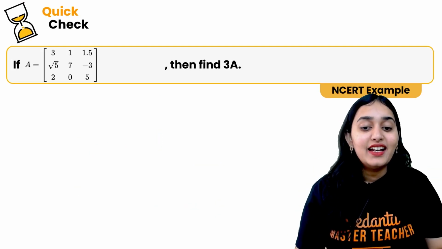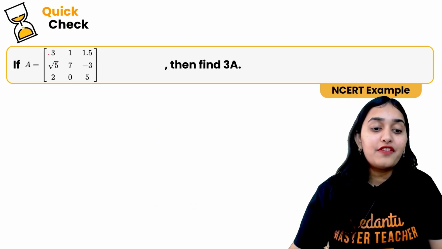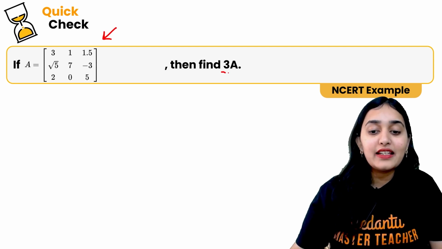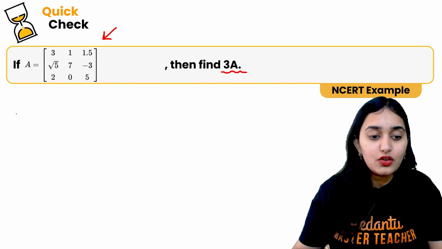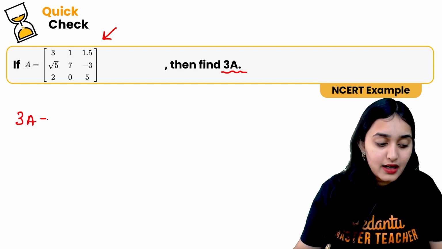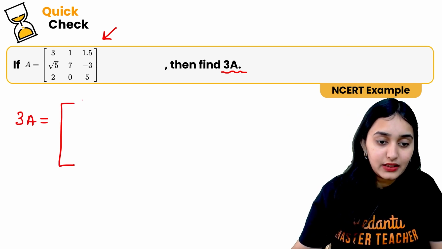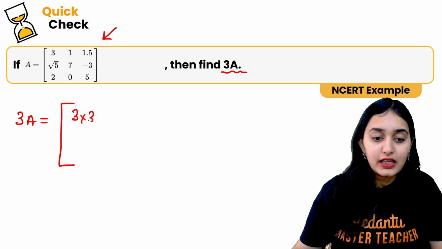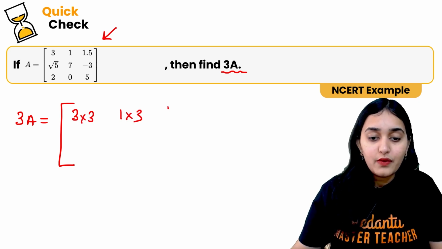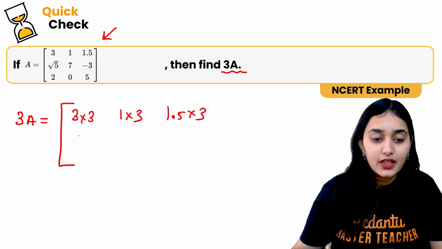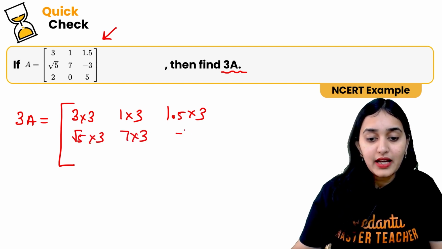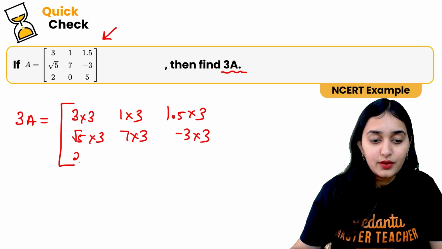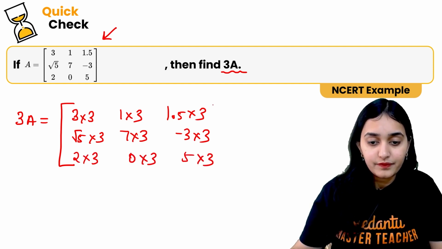Okay. Now, for example, if you have a matrix like this and they ask you what is 3 times of matrix A, what will you do? Just multiply all the elements with 3. Okay. 3 into 3, 1 into 3, 1.5 into 3, root 5 into 3, 7 into 3, minus 3 into 3, 2 into 3, 0 into 3, 5 into 3.